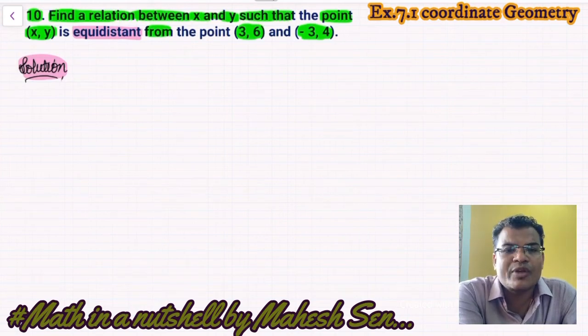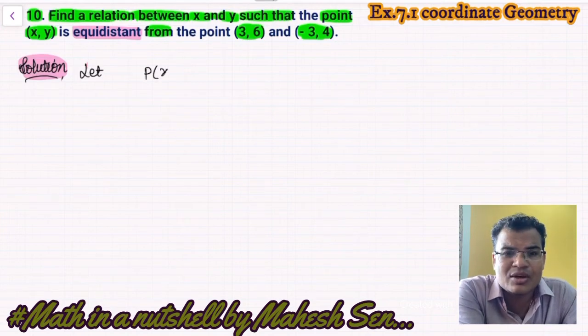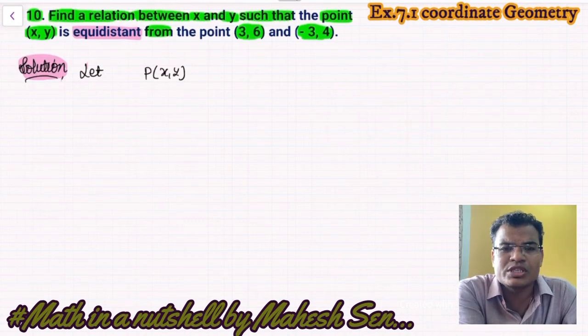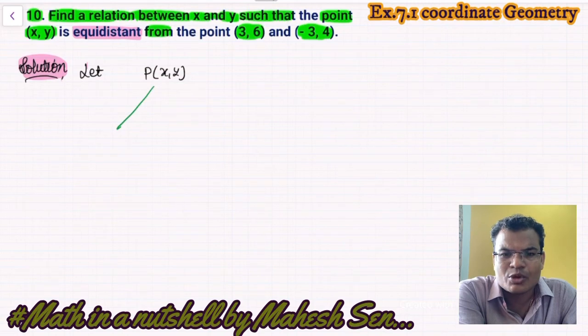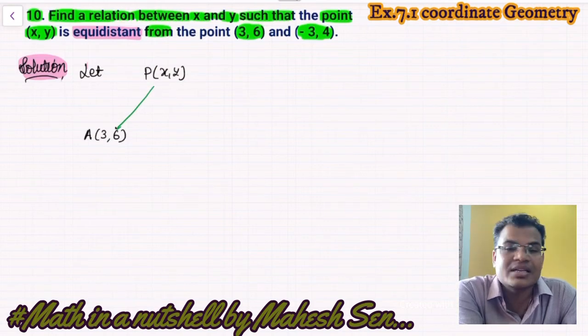So the very first thing, let x comma y be a point, and you can name this point as you want. Let P be a point whose coordinates are x comma y, and the second point is A and B, because A and B is the combination. So I have taken 3 comma 6, and B is minus 3 comma 4.